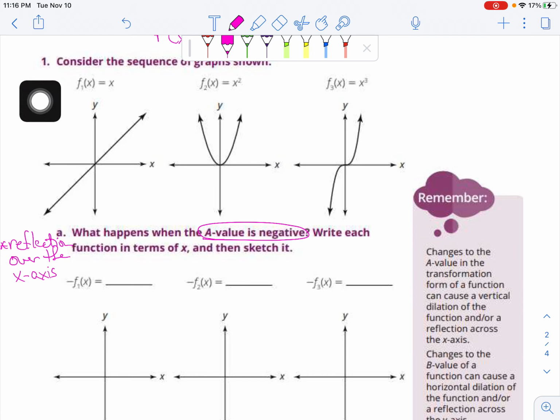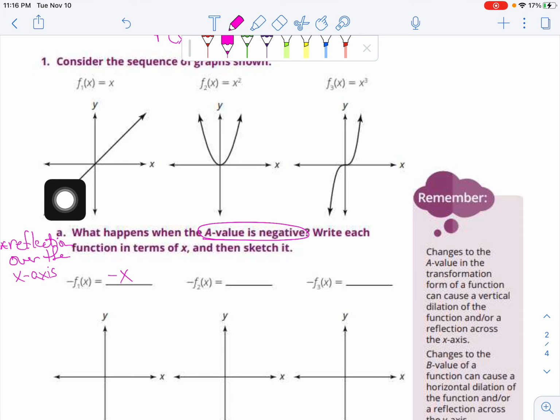All right. So in terms of writing the function, I'm going to match them up top to bottom here. So the first function here is our linear function. It's just x. So if our A value is negative, we would have negative x. Graphically, do you notice how this graph is going from left to right? It's increasing. Well, now what we want to do is reflect it over the x-axis.